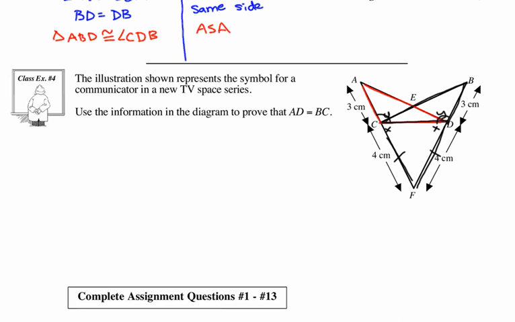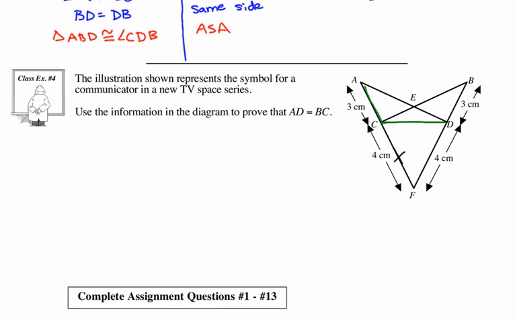Okay? So we're going to prove that we have some congruent triangles, and then if we have congruent triangles, then AD will equal CB. AD equals CB. So let's start with the smaller triangle.